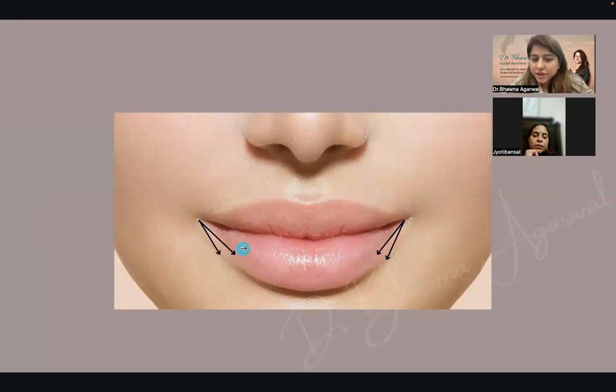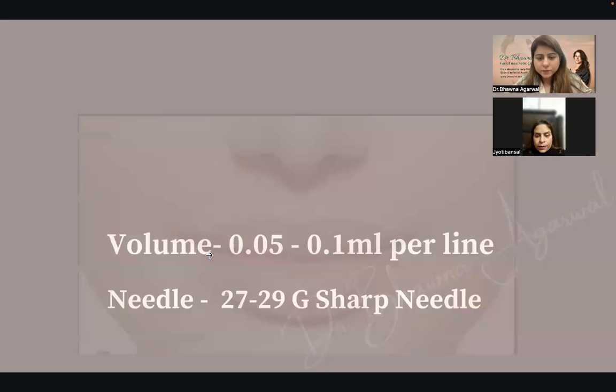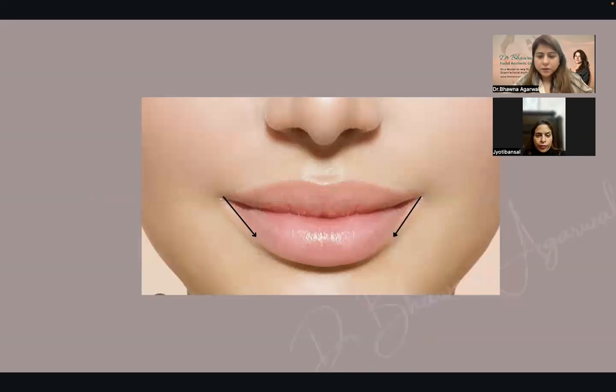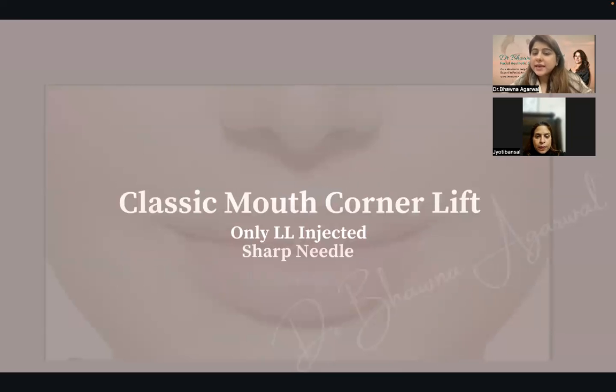Lateral to the tubercle, if I inject, then the arch becomes broad. But here we have to uplift this corner. So for this, we are providing support over here, and we will fill a little triangle over here. Like this.